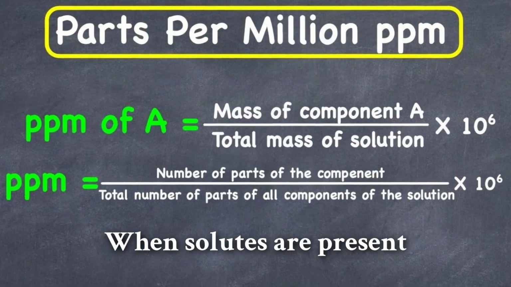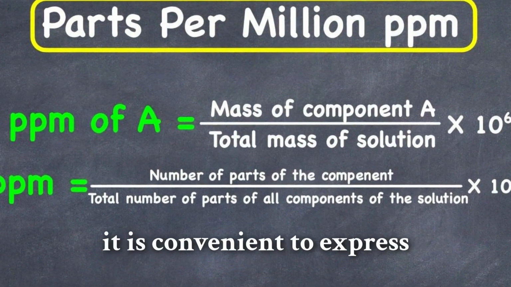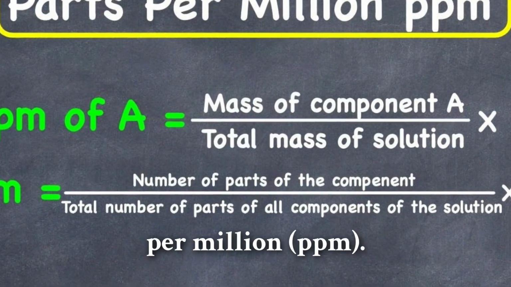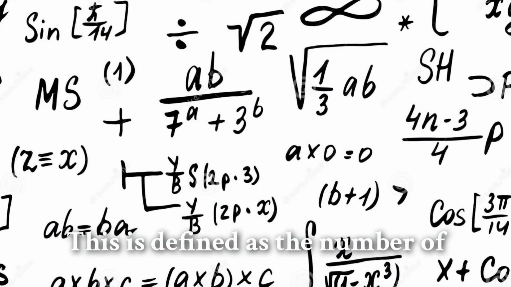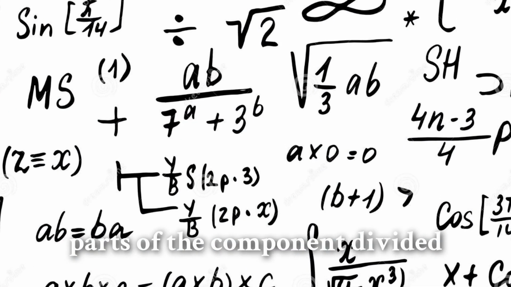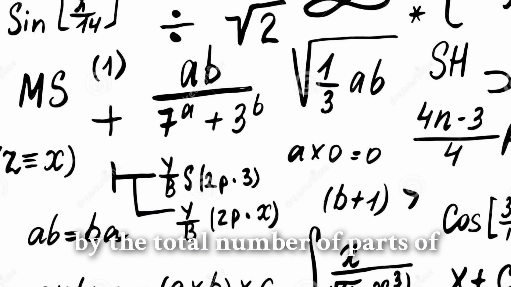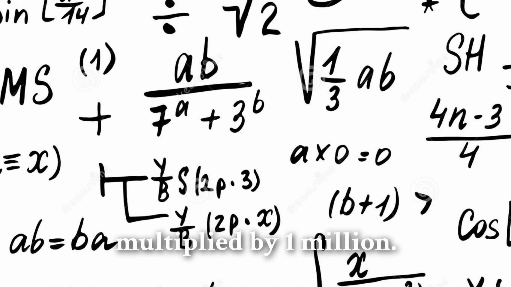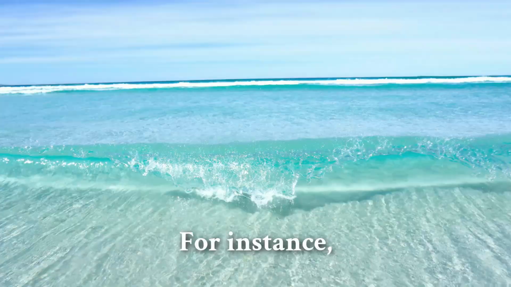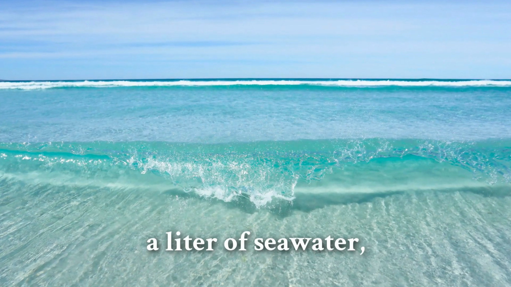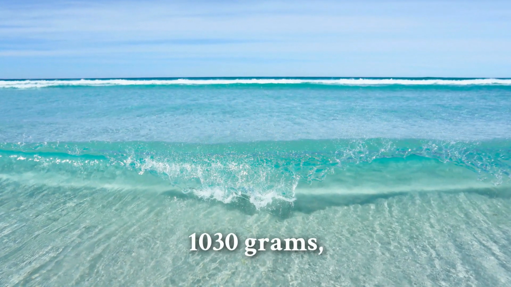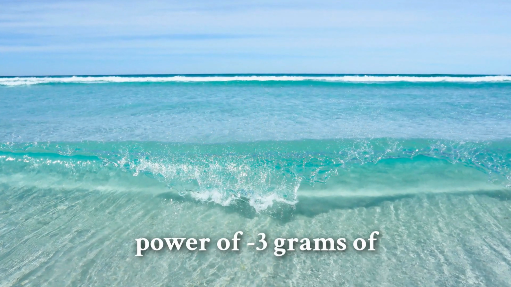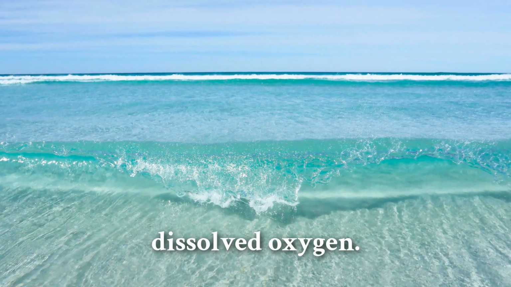When solutes are present in trace quantities, it is convenient to express concentration in parts per million, ppm. This is defined as the number of parts of the component divided by the total number of parts of all components in the solution multiplied by 10^6. For instance, a liter of seawater, which weighs approximately 1030 grams, contains about 6 × 10^-3 grams of dissolved oxygen.